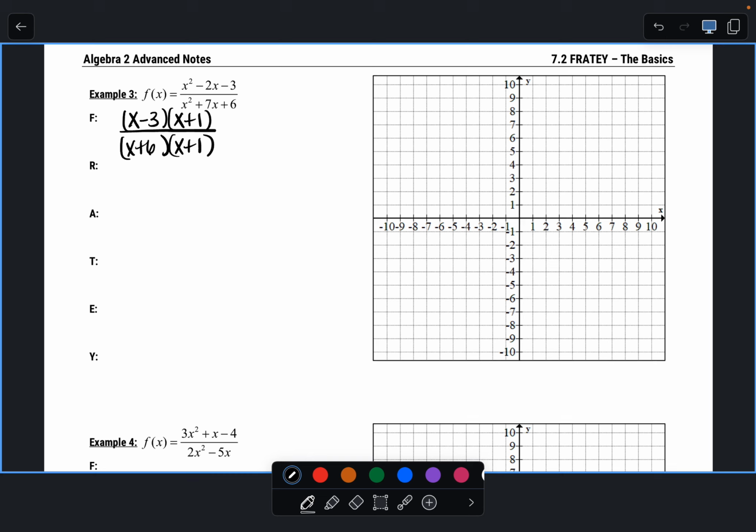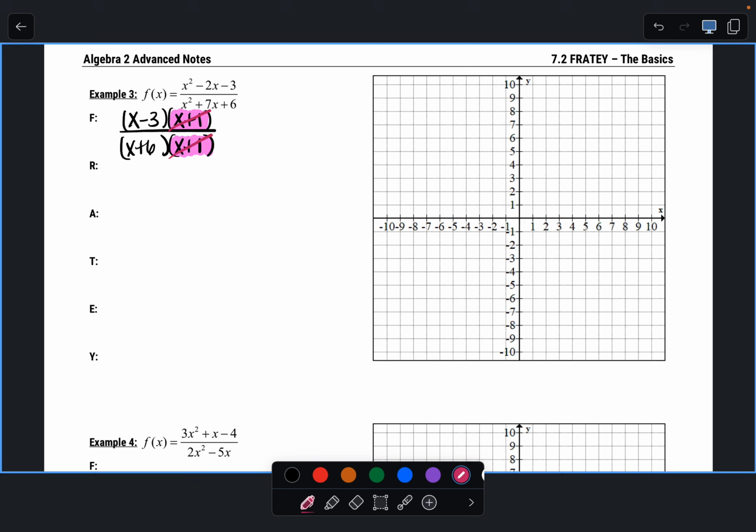We have an X plus 1 in the top and we have an X plus 1 in the bottom. Normally, if we are multiplying, what can we do with those X plus 1s, if they're the same in the top and the same in the bottom? We can cancel them out. So we are going to cross out X plus 1, cross out X plus 1.